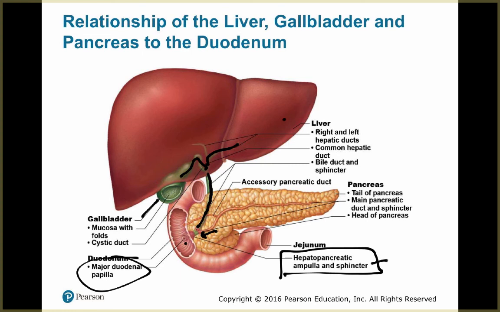And so this guy controls how much bile and pancreatic juices get in there. And this accessory duct that's right here dumps directly into the duodenum. It's much smaller.